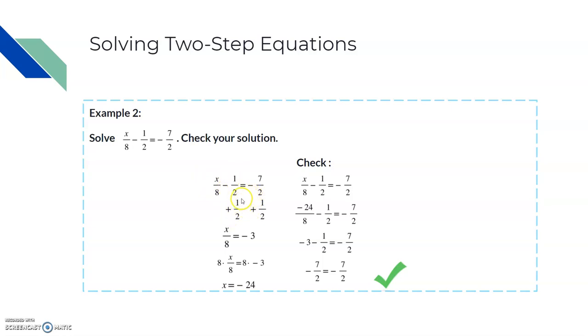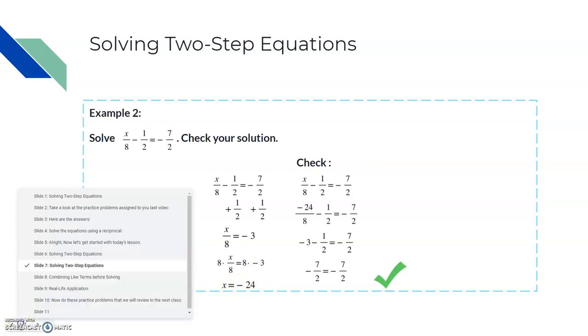These two cancel out. x over 8 is alone. Minus 7 over 2 plus 1 over 2 is minus 3. And we're going to be multiplying 8 times x over 8 on one side and 8 times minus 3 on the other, and we get x equals minus 24.